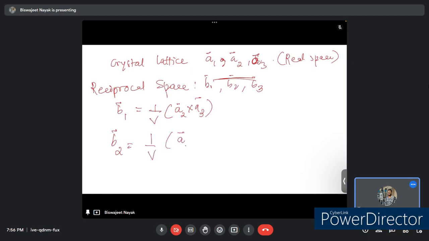The order matters a lot: for b1 it is 2 3, for b2 it is 3 1, so we can assign a cyclical order 1 2 3. And similarly for b3 it is 1 2.